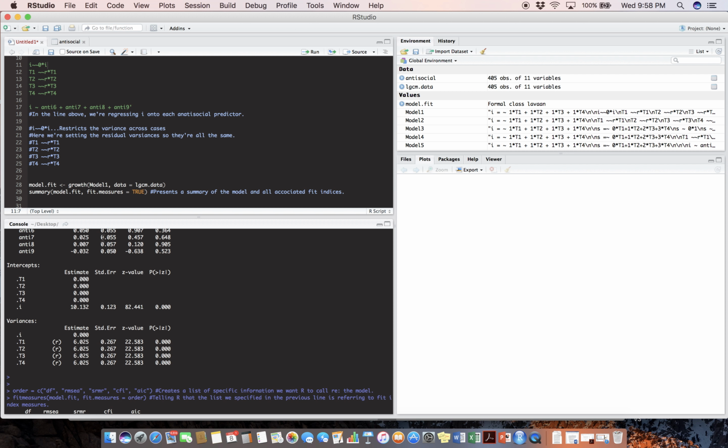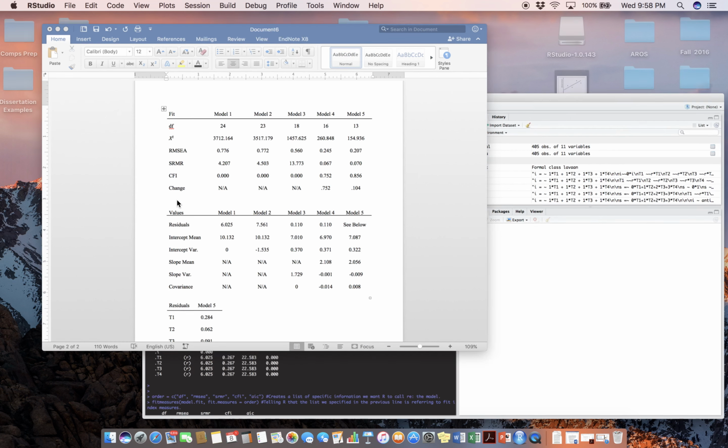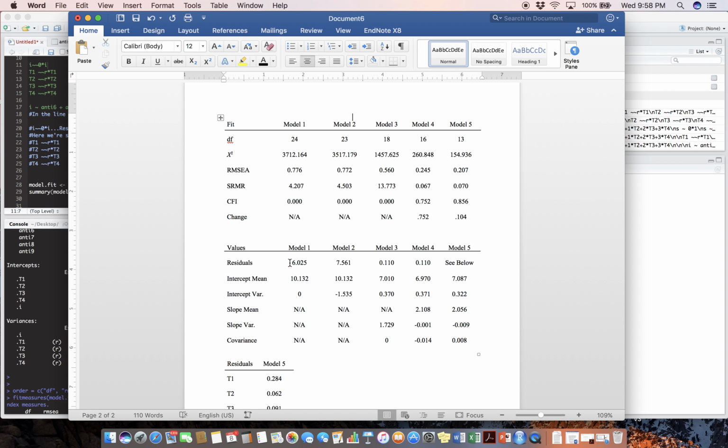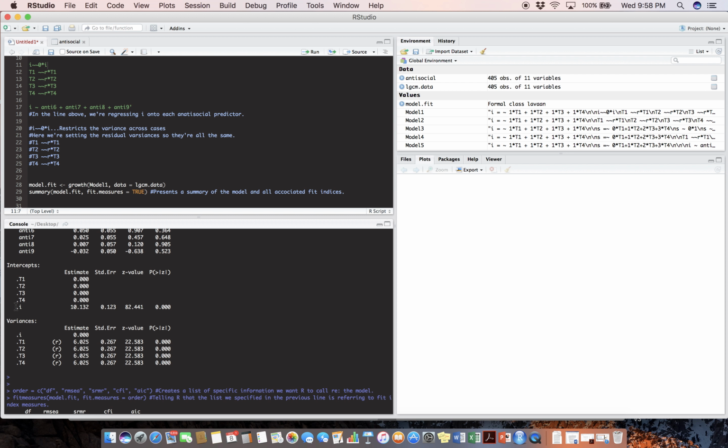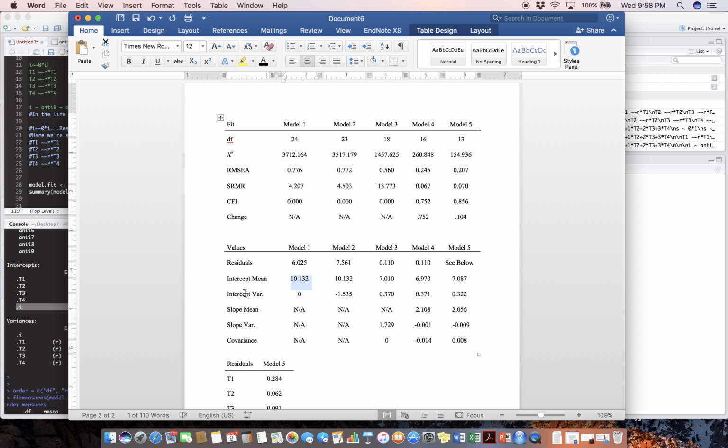Great. So we've effectively restricted all of the pieces of information that I mentioned before: our intercept, our slope, and the residuals. So we have the same residuals across time points. We have an intercept mean, and this intercept mean is here, which is 10.132, and then we have an intercept variance of 0, which is what we set, which is great.